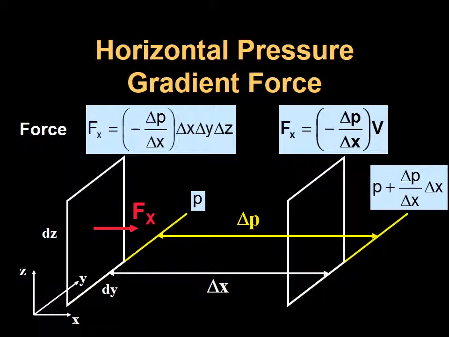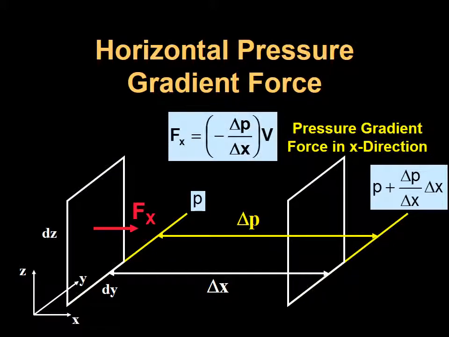So now we have an expression for the horizontal pressure gradient force. It's the change in pressure over some distance, delta x, times the volume V. And don't forget that minus sign. That minus sign is really important in front of that delta P delta x. So this is our pressure gradient force in the x direction.